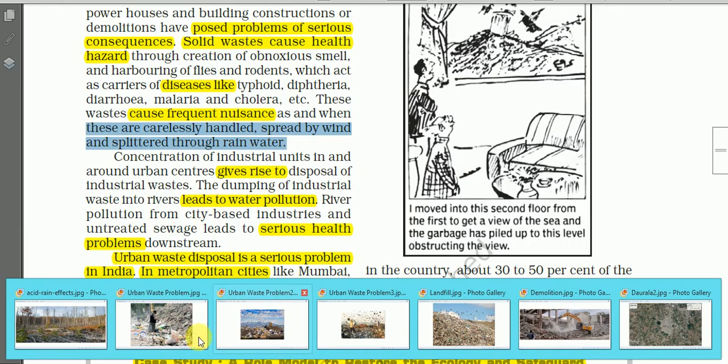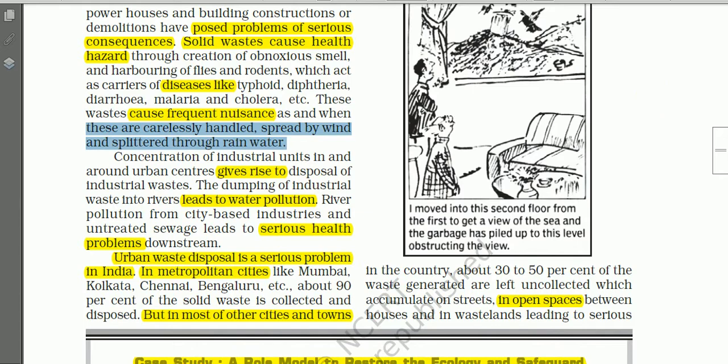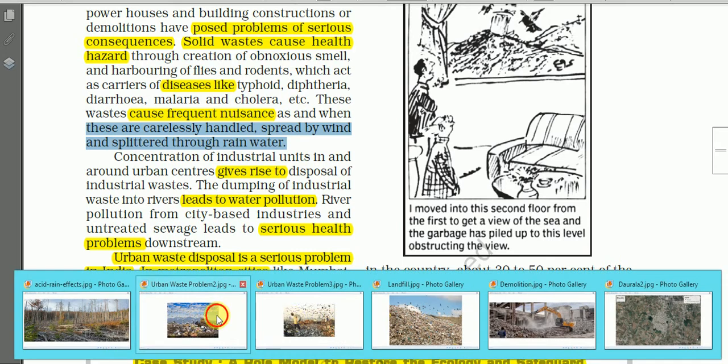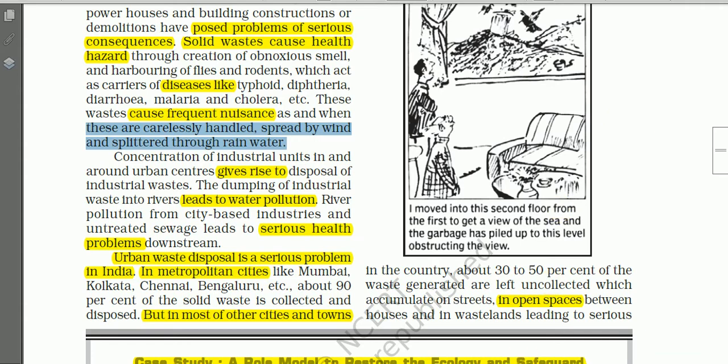See here, this is an example of the disposal of solid waste material in unwanted sites. And this is another one. You're seeing lots of birds and others, and this will carry diseases, as mentioned in the book.